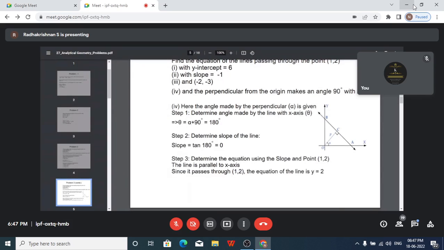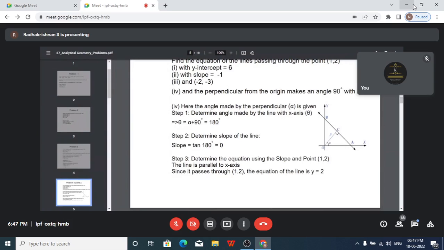So if this perpendicular makes alpha, what will be the angle made by the line AB? Normally we represent that as theta. In the A இருக்குல்லையா இதான் angle theta. So from this triangle you can see that this theta is the exterior angle. So it is the sum of the two interior angles, 90 degree and alpha. So that's why your theta will be equal to 90 plus alpha.